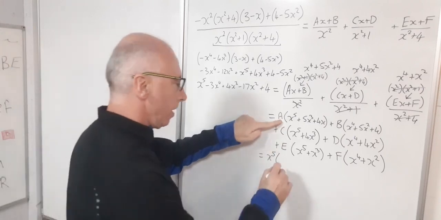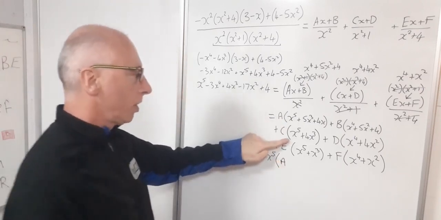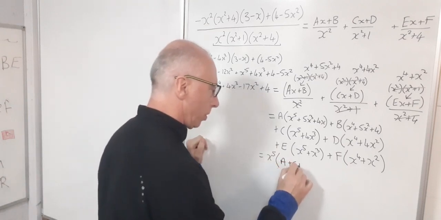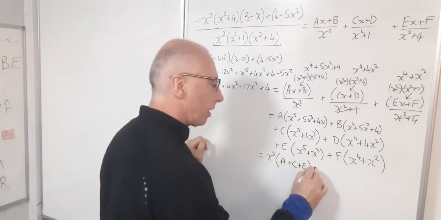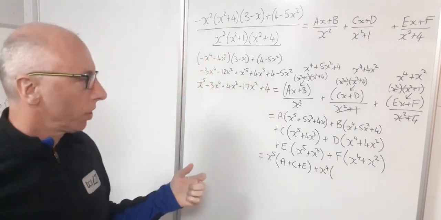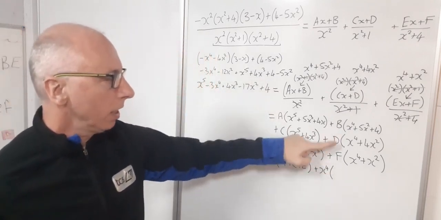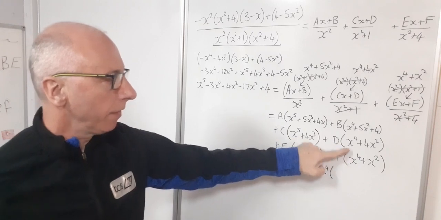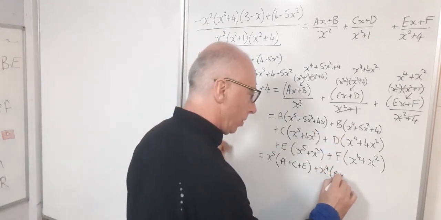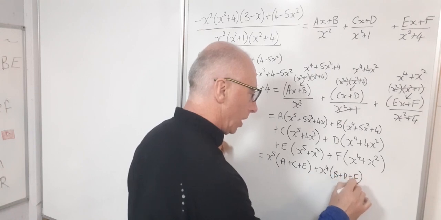So I'll have an a, I've got a c here and I've got an e here. So a plus c plus e. And now let's have a look at the x to the 4 and find that one's corresponding coefficients. So now I've got a b, a d and an f. They've all got an x to the 4 term. So b plus d plus f.